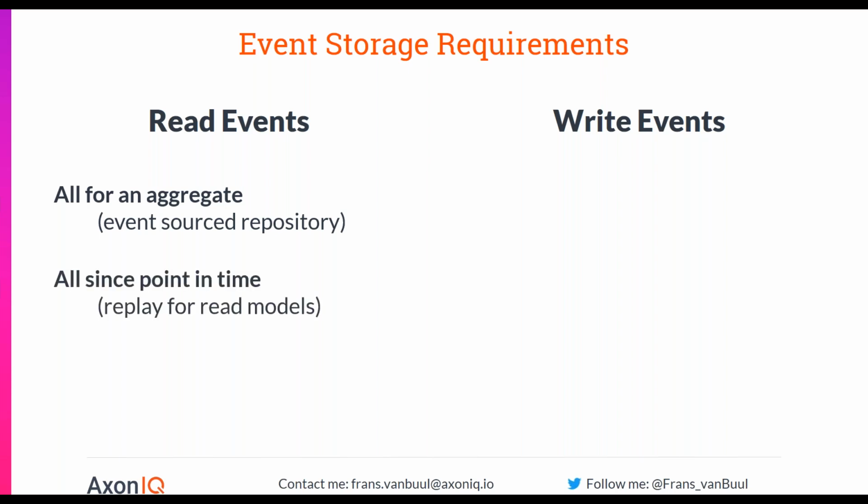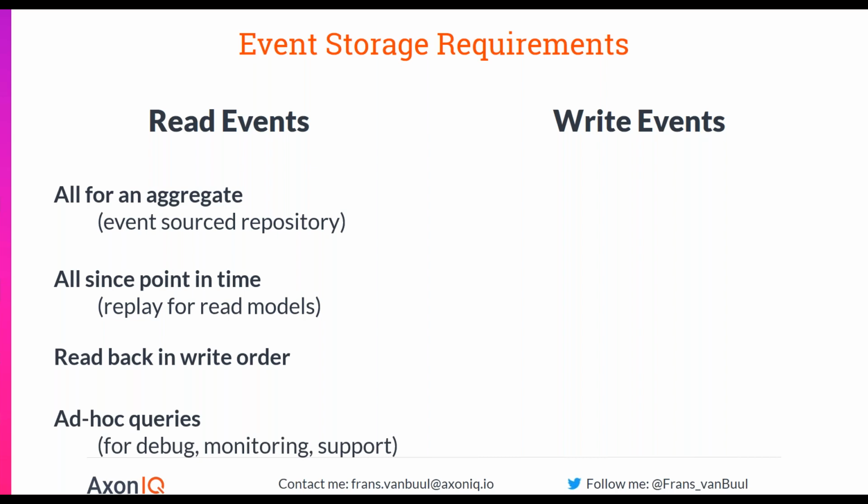But given that we're doing that CQRS thing, we also need to be able to read all events since a particular point in time without caring about a particular aggregate. So that's for creating those read models or projections. Events are very naturally time ordered, and when we read them back, we want them back in the same order as well, which may seem very obvious, but it's definitely not the way that a traditional relational database would operate.